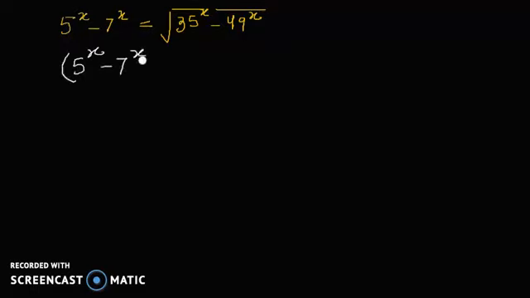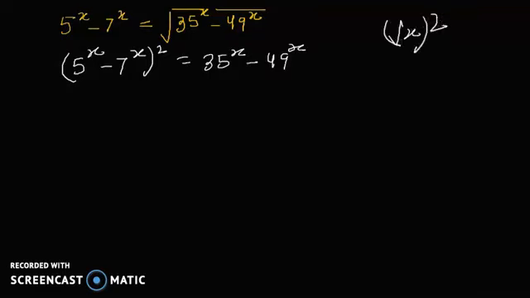5 raised to power x minus 7 raised to power x whole square is equal to 35 raised to power x minus 49 raised to power x. Root x whole square, this and this get cancelled, so I have written 35 raised to power x minus 49 raised to power x.